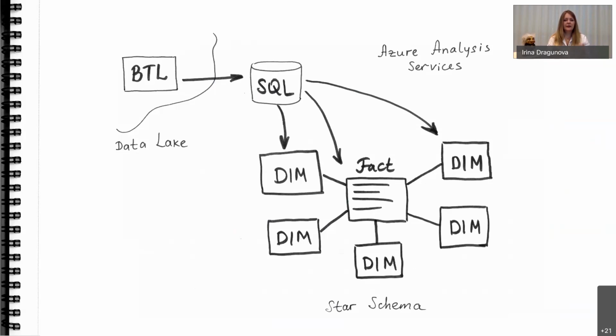It looks really like a star, with dimension tables surrounding the central fact table. In our model, we have several fact tables which store data according to our business requirements. So we can say that our fact tables serve different Power BI reports, very roughly.